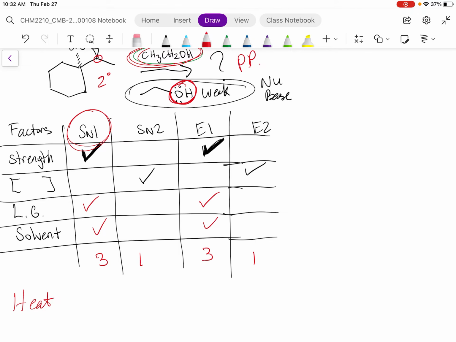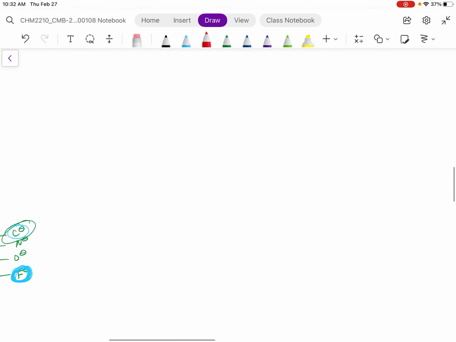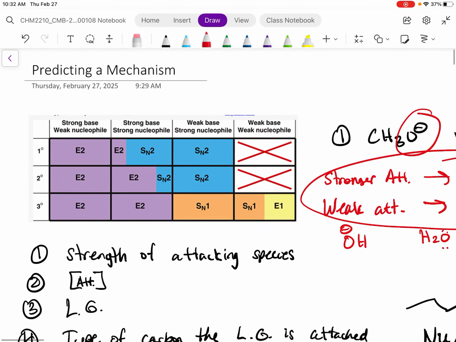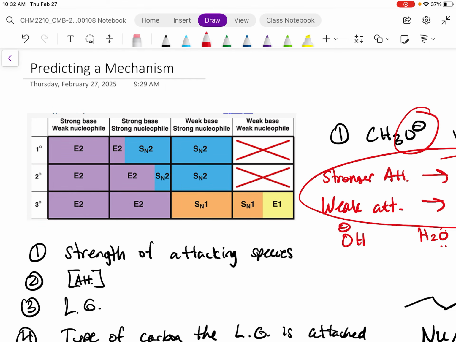Now the issue is when you come to the textbook here and zoom in on this table right here, there is a slight discrepancy. So if you go back to the molecule that we're looking at, what degree is it? Secondary. And then the attacking species, we described it as a weak nucleophile or weak base.